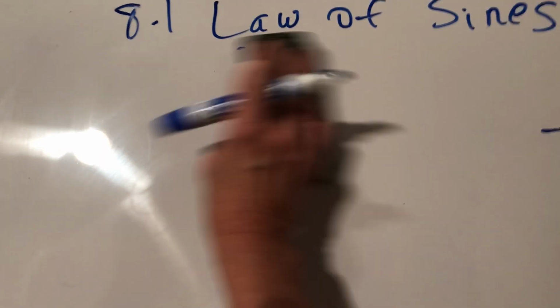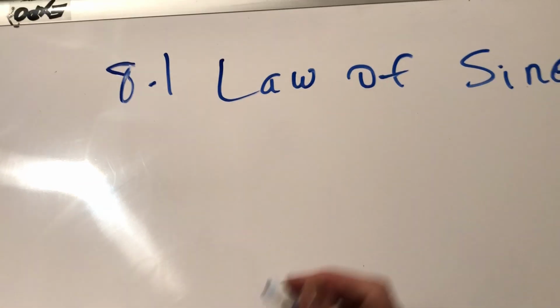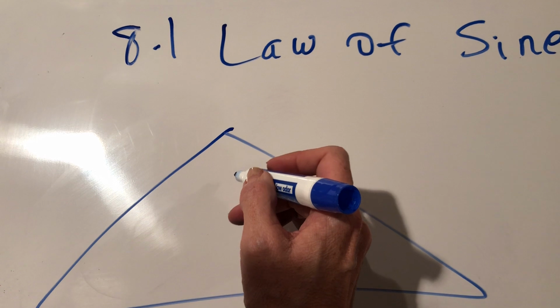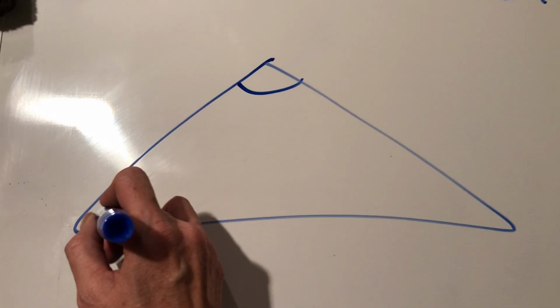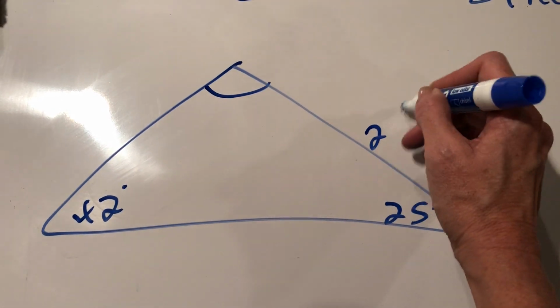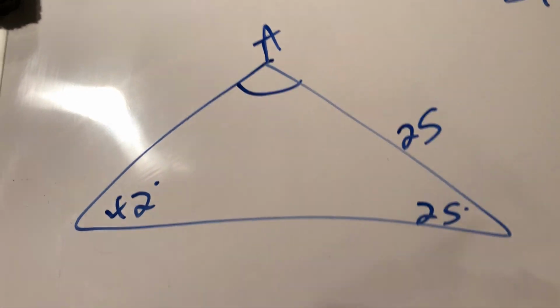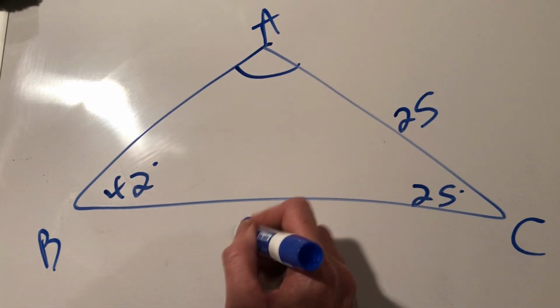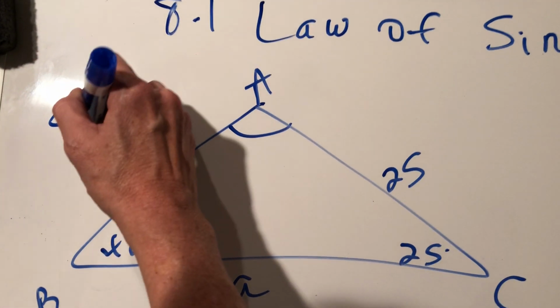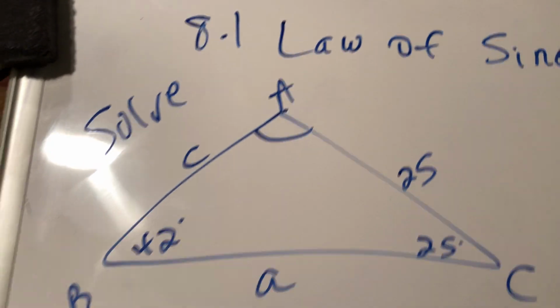Okay. So you're going to see something like this. This is 42. This is 25. This is A, C, and B. This is side A and side C. And you're just asked to solve. You want to solve this triangle.